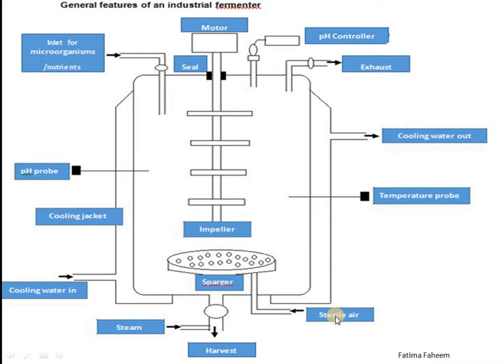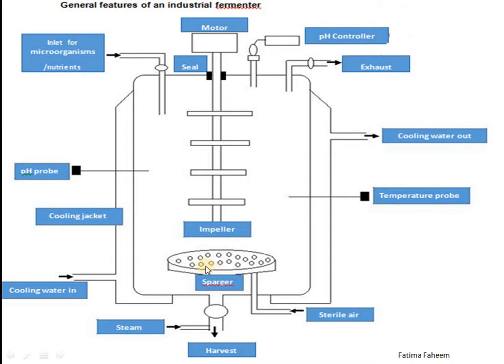Then you see there is an inlet for sterile air. This air is passed into the fermenter through a structure called a sparger. This sparger is actually a plate that contains holes in it. What happens is that when you pass sterile air through the sparger, it gets pressurized, and that pressure is also an additional mixing device which will mix the contents of the fermenter.